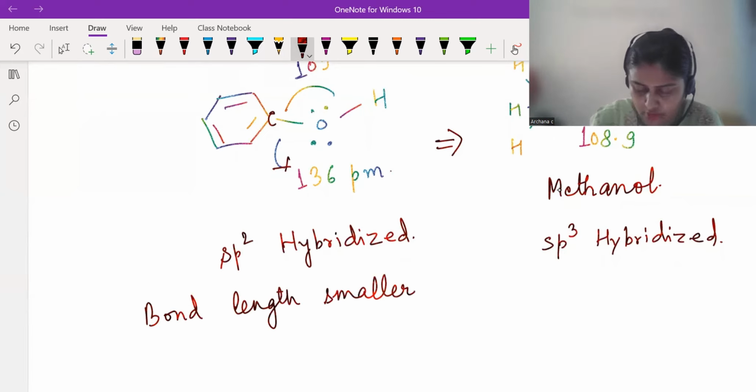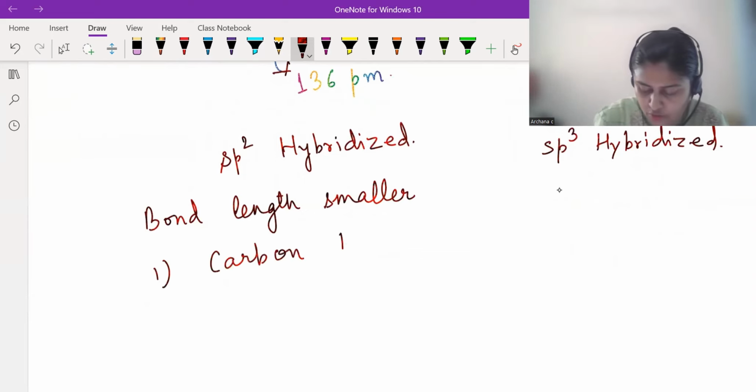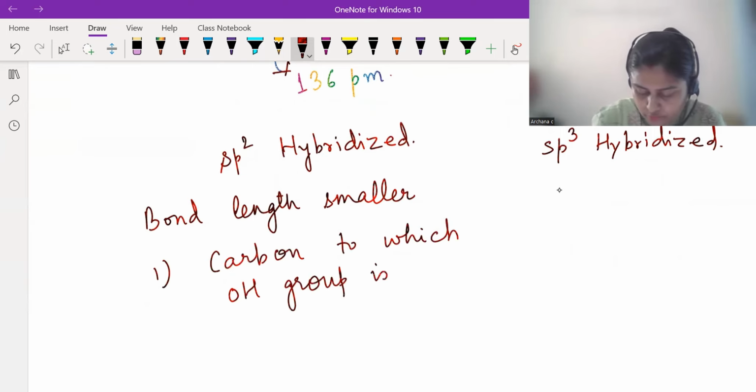The reason being, one, the carbon to which OH group is attached is sp2 hybridized. This is the first condition.